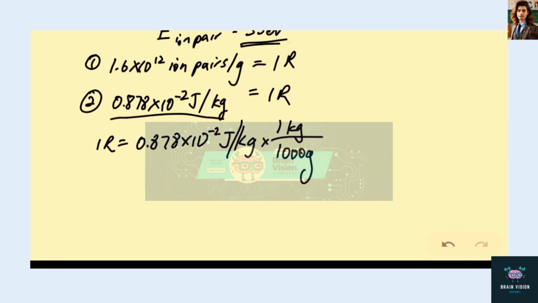Since our ion pair energy is in terms of eV, we're going to divide by 1.6 times 10 to the power minus 19 joules per eV. Finally, we can convert from eV into ion pairs by dividing by 35, since each ion pair takes up 35 eV.